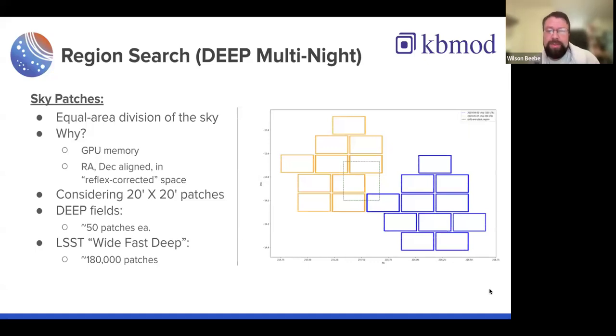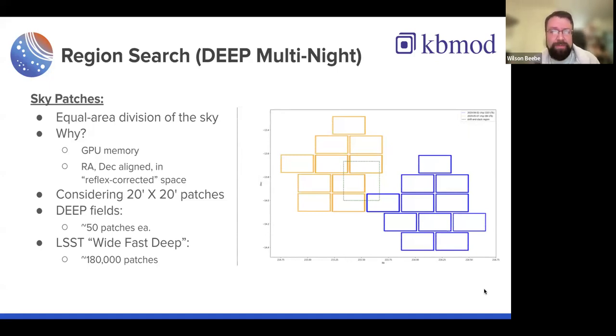In the DEEP case, with the GPUs we had available, we were able to construct patches that were 20 by 20 arc minutes in size. That let us put stacks a few hundred images deep and fit all of that onto the GPU at once, doing all of that search at once.